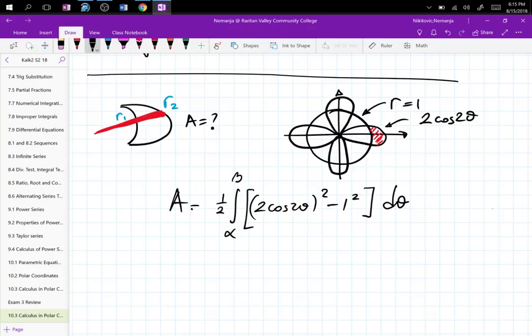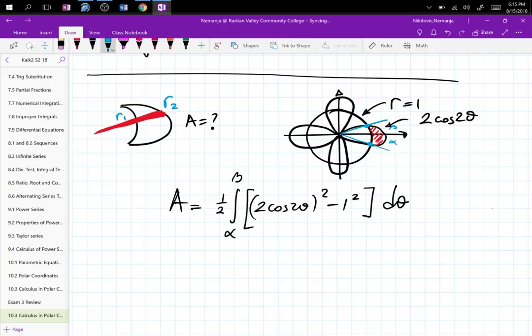Now clearly the issue is alpha and beta. If you observe carefully, alpha and beta are angles that happen at the intersection of the two functions. So the angle over here is angle alpha, and the angle over here is the angle beta.